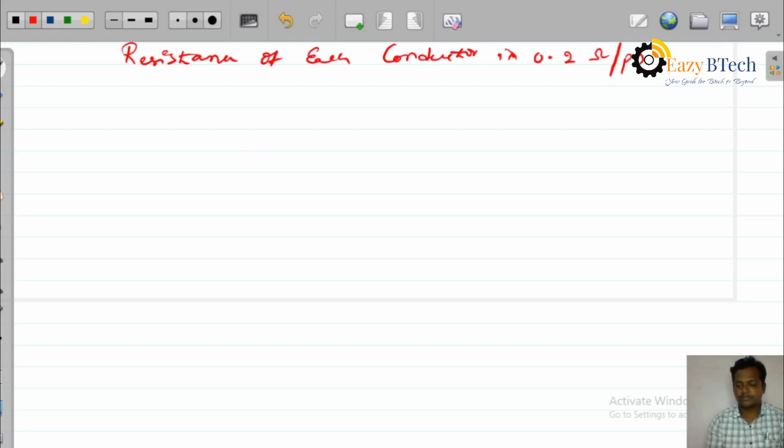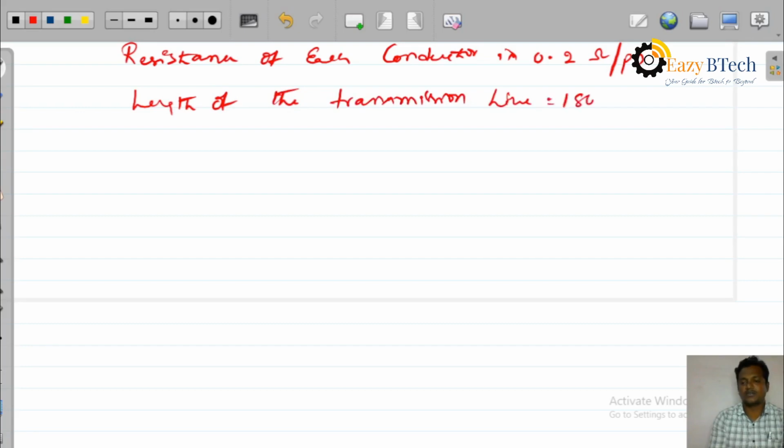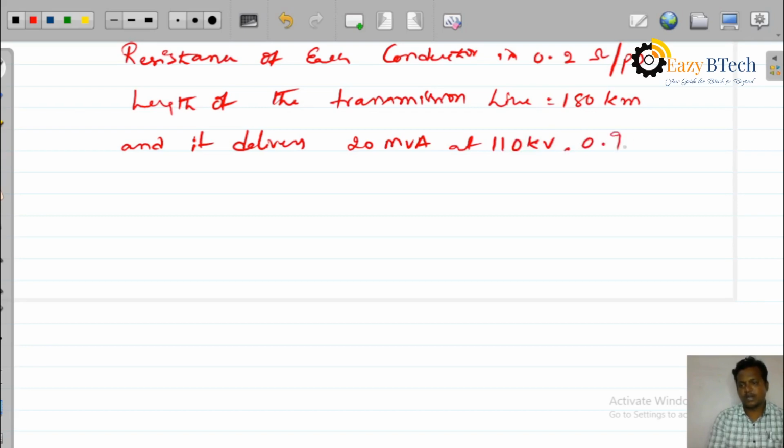The length of the transmission line is 180 kilometers, and it delivers 20 MVA at 110 kV, 0.9 power factor lagging.